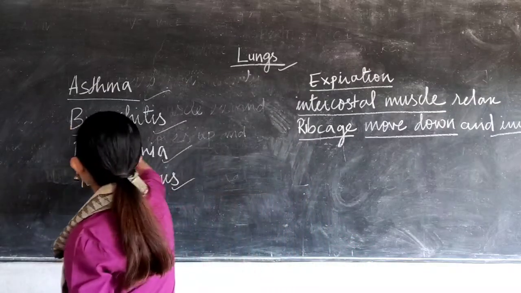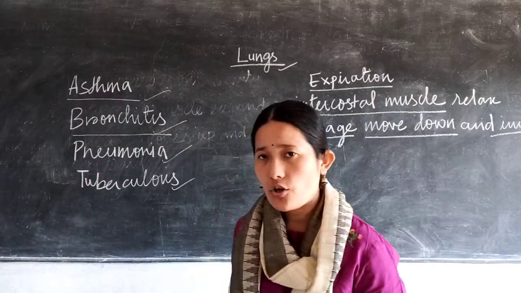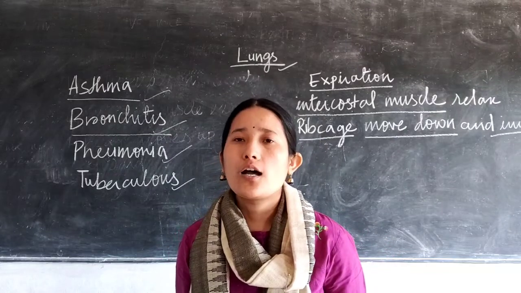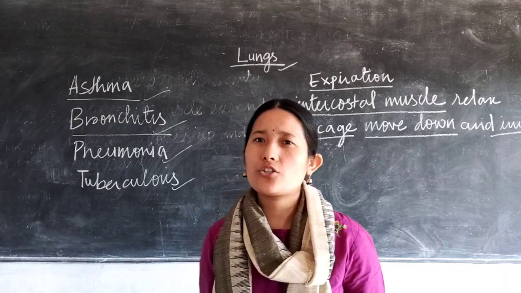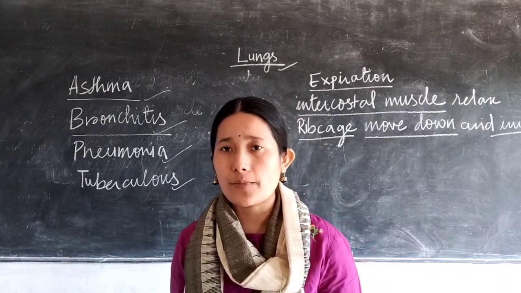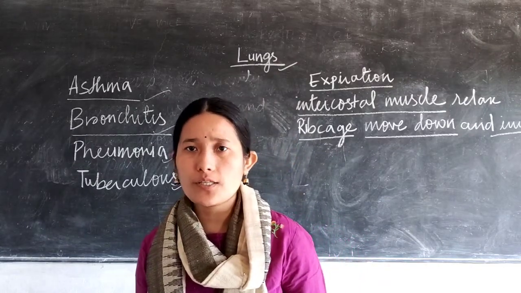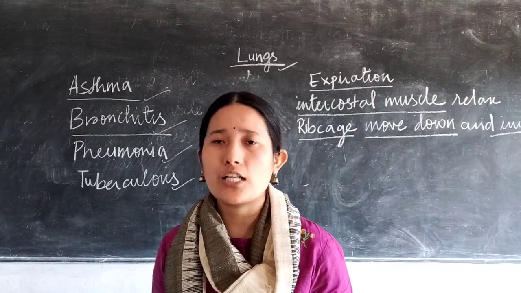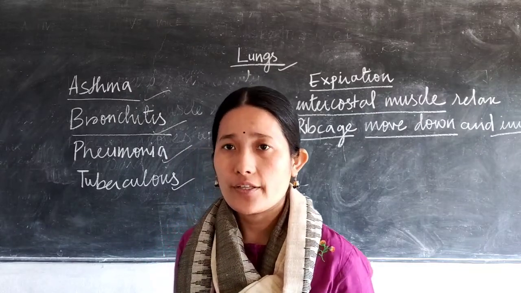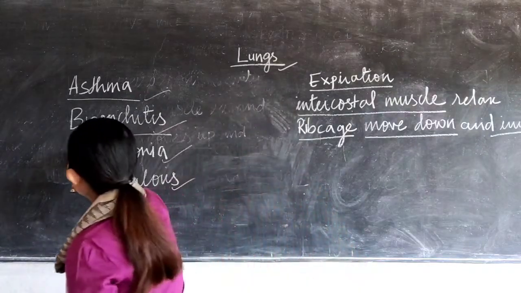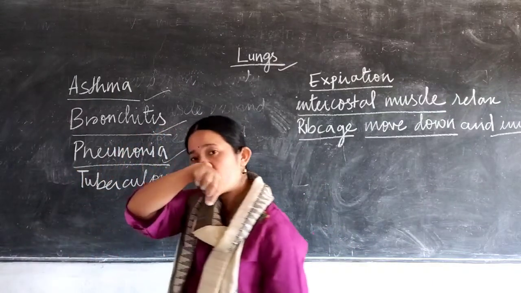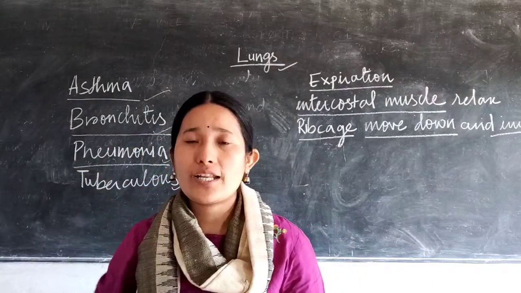Next is bronchitis. Bronchitis is caused when there is irritation in the bronchial tissue of the bronchioles. More mucus production also takes place, and because of that it leads to repeated coughing. Then you have pneumonia. Pneumonia is an infection in the lungs caused by a variety of agents.